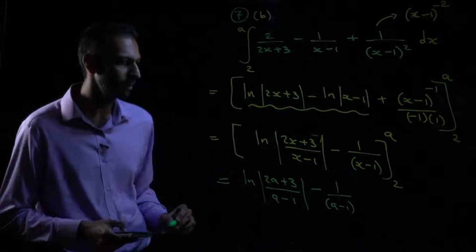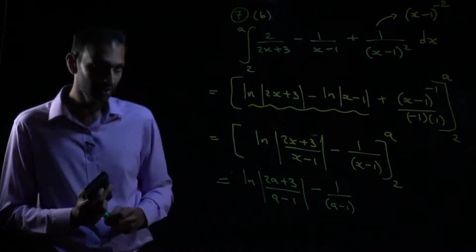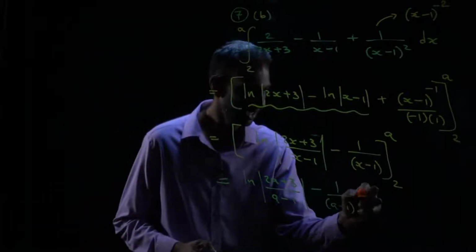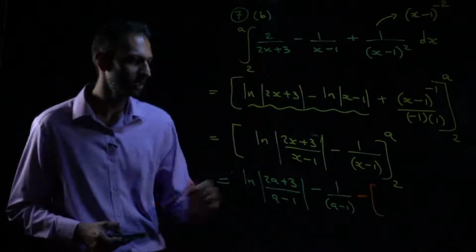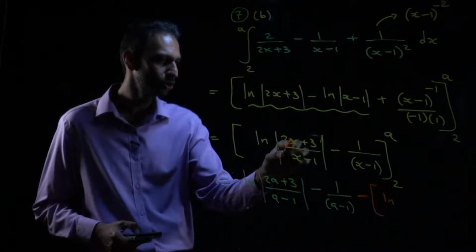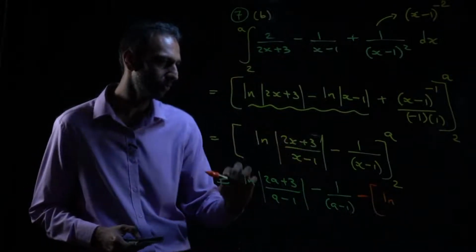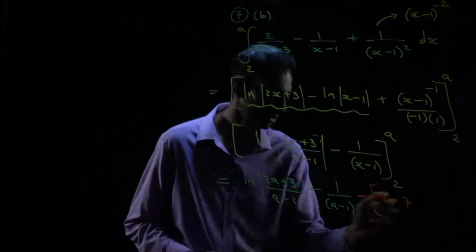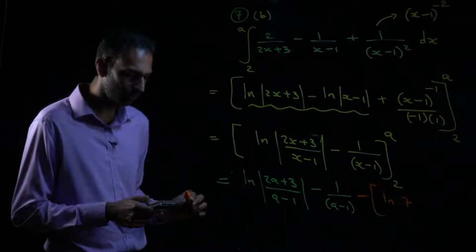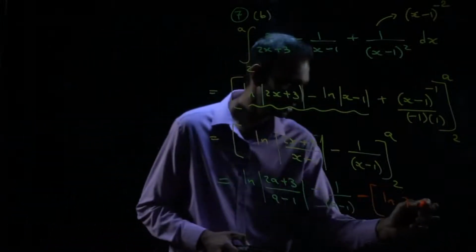This is the upper limit replaced. Substituting the lower limit now, minus bracketed, the 2 being substituted would be ln: 2 times 2 is 4, 4 plus 3 is 7, 2 minus 1 is 1. So 7 over 1 is ln of 7.